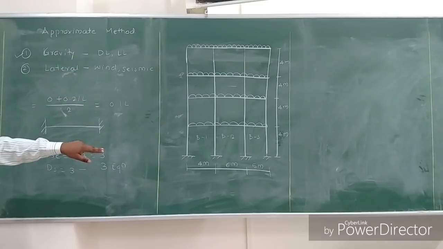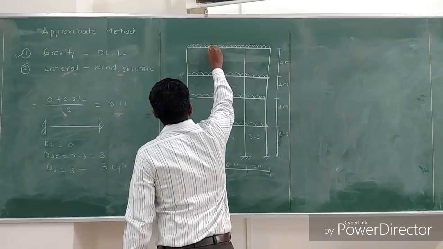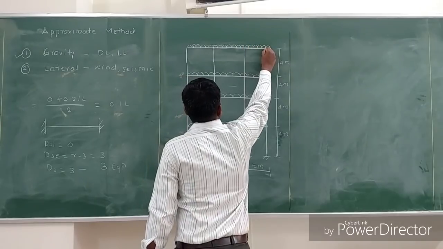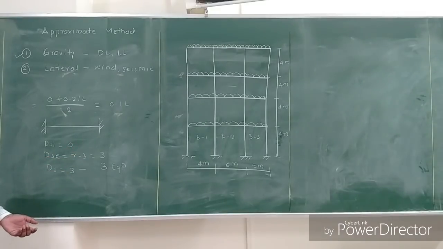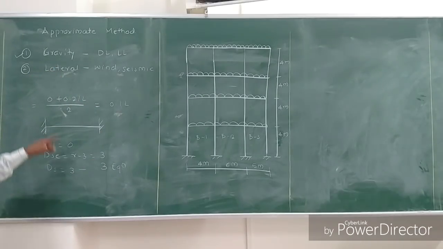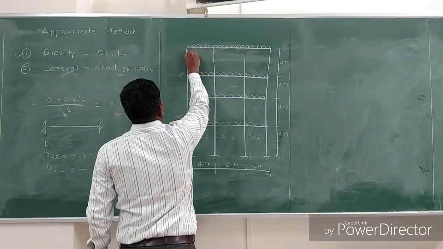To simplify this building frame analysis, we assume that every beam will have a point of inflection at 0.1 L from the support, and these are the two hinges that give you two equations. Plus one more assumption is that axial force in the beam is taken as 0, and for that we have a separate method of analysis. The combination of the two will be your final bending moment. So for now we have three assumptions. Degree of static indeterminacy is 3, so to simplify that, we have points of inflection acting at a distance 0.1 L from each support.